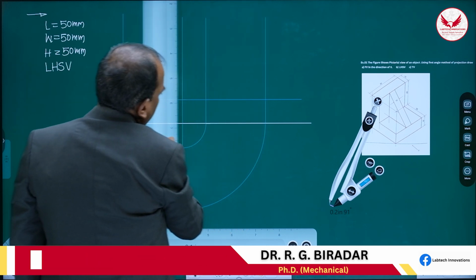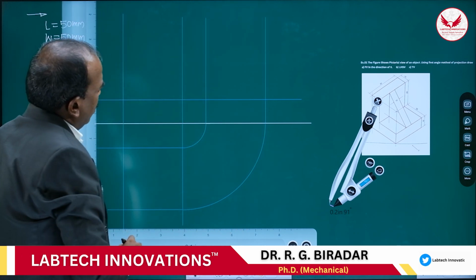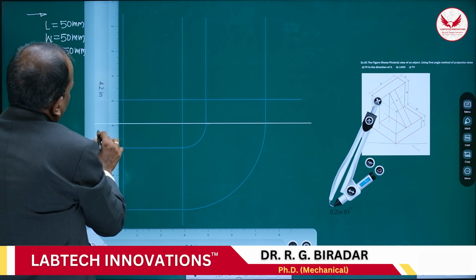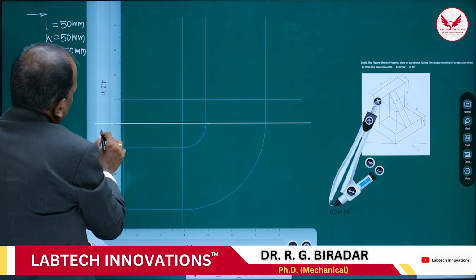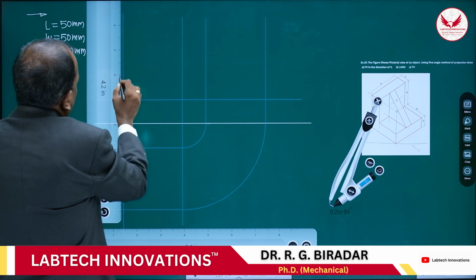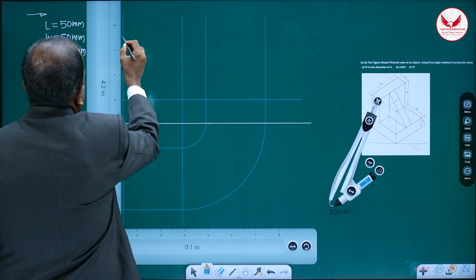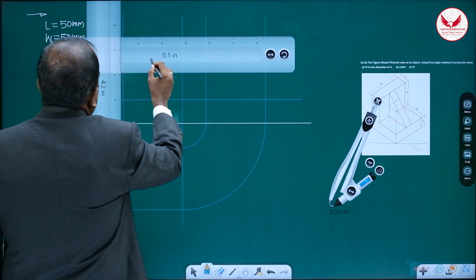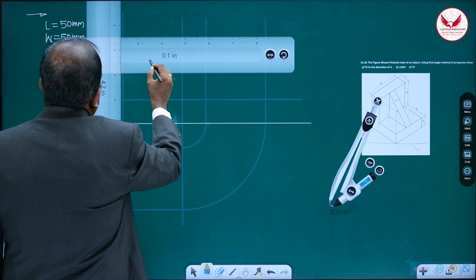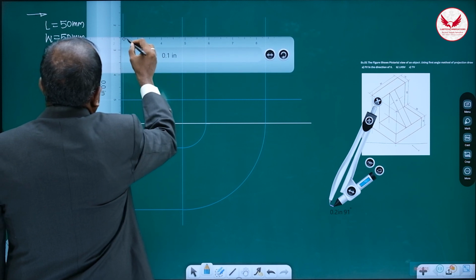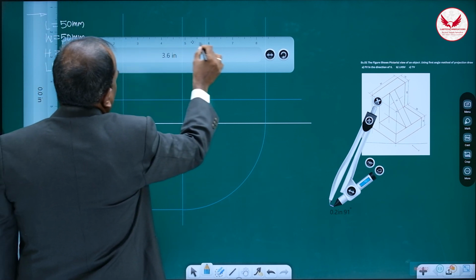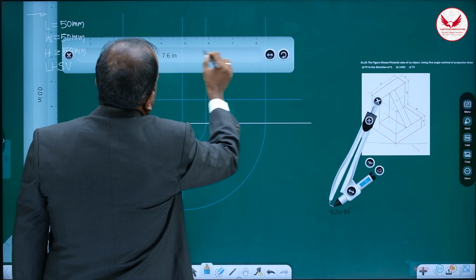Then once you mark such lines, above this there will be the front view. So mark again 50, and from this 50 draw the horizontal line like this.